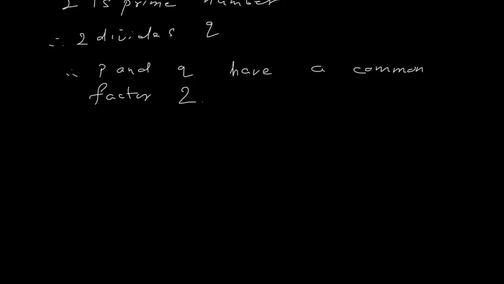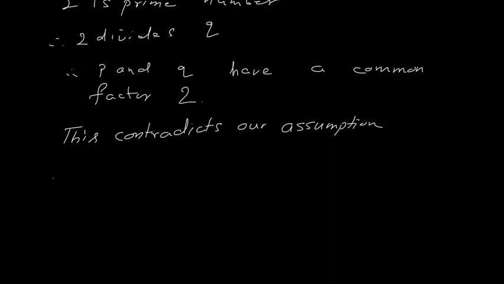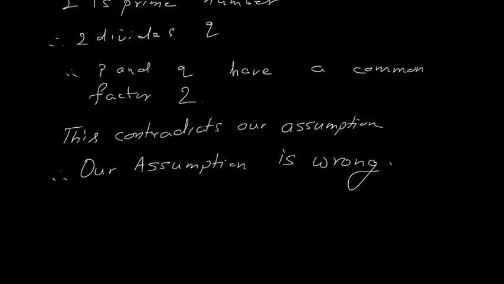This contradicts our assumption, therefore our assumption is wrong. Therefore third root of 2 is an irrational number.